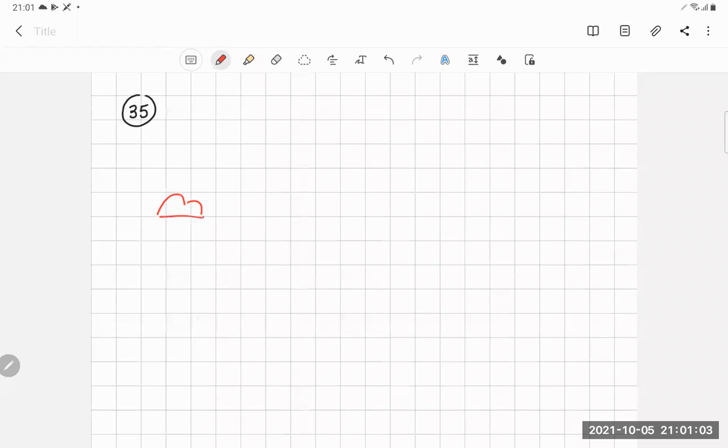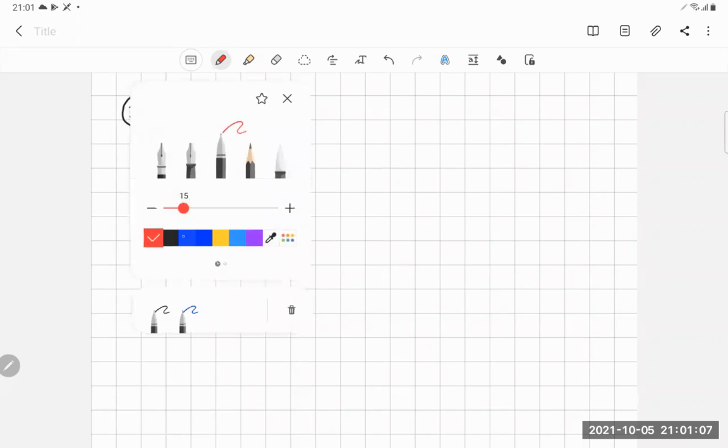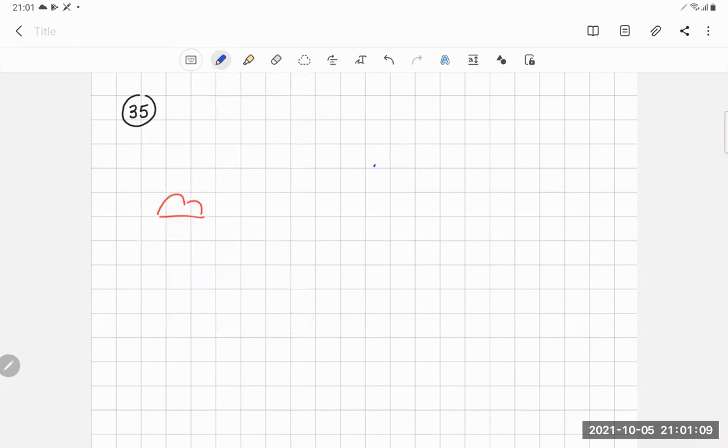moving to the right, okay? And we have another car, I'm going to call it the blue car, moving to the left, okay? And there will be a point where they meet. Now, what do they give us?